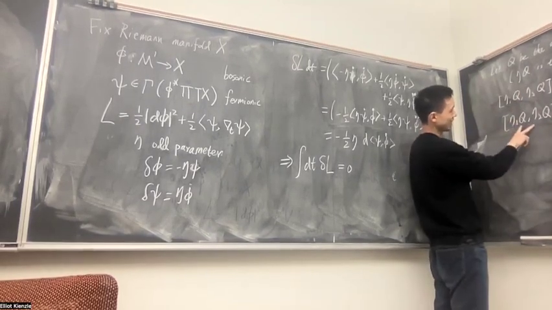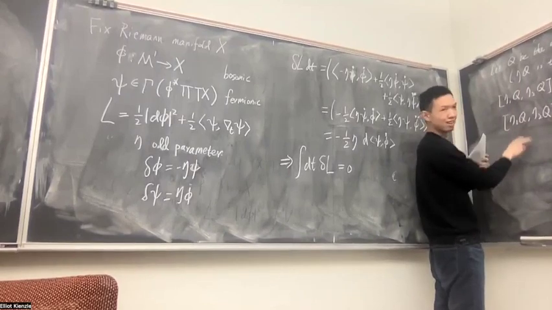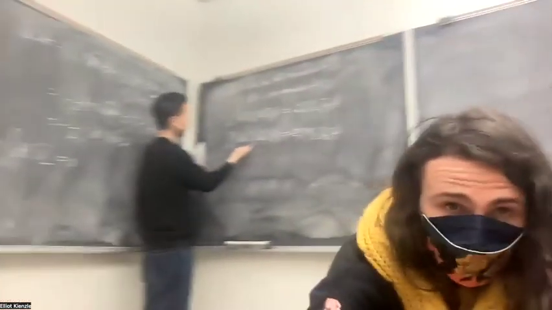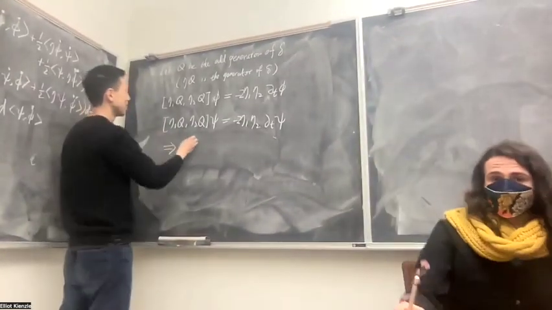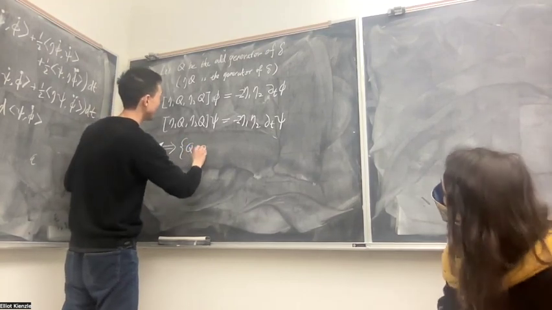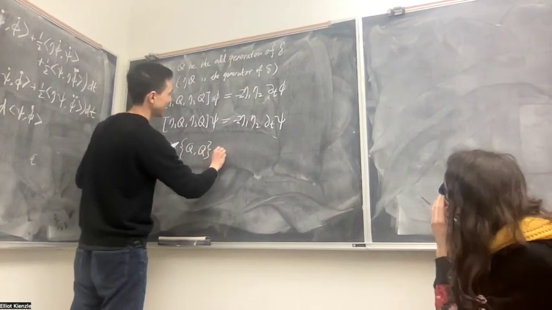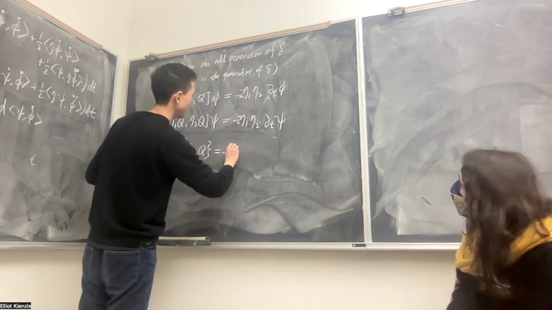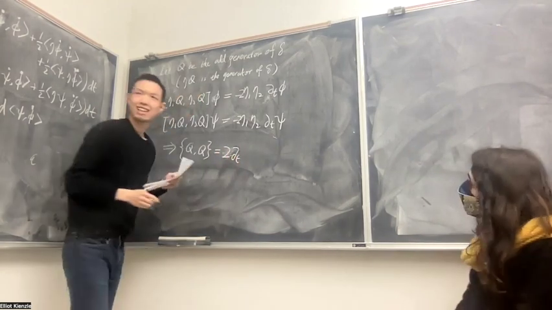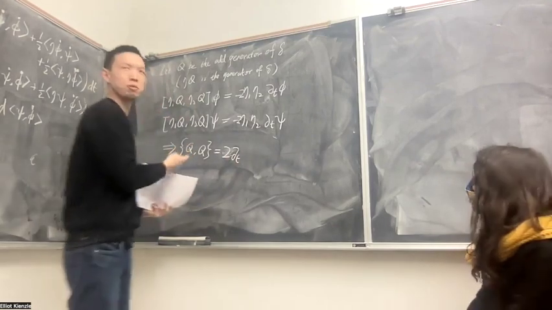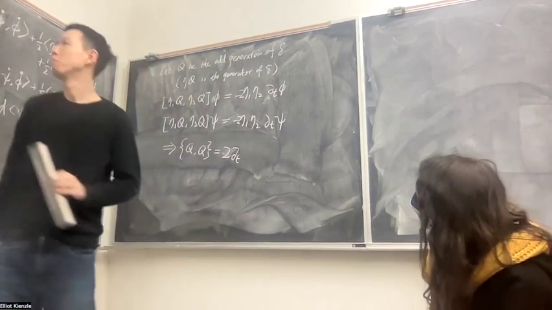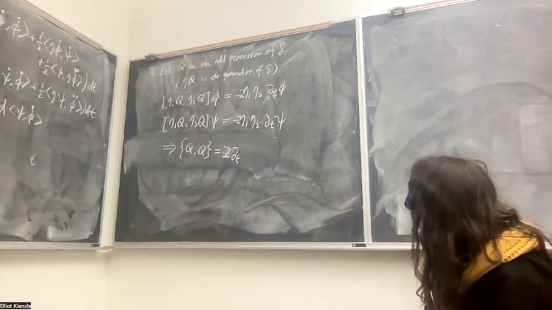If you factor out eta 1 and eta 2, considering the fact that eta 2 has to pass over this Q, we see that the anti-commutator of Q with itself is equal to 2 times partial t, and this is what we want. I guess I will continue on that.